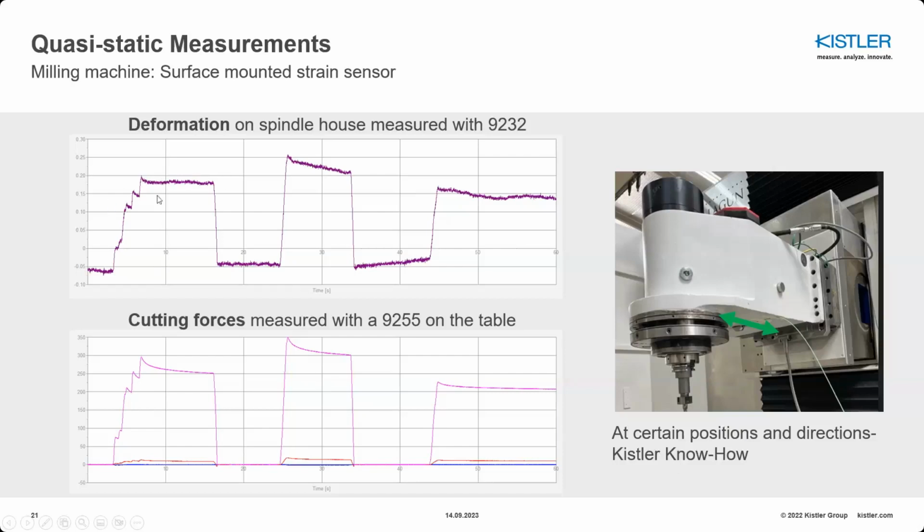Then if you look at the upper plot, we can see the deformation on the surface of the spindle construction. Even if they are very, very small, we are talking about these small steps, 5 to 10 Newton, we are still capturing this deformation. As you can see, they really resemble those signals. So even if the forces are small, if the machine construction is stiff enough, due to the moment which is causing bending of the deformation on the structure, you can really capture that with our piezo strain sensors.